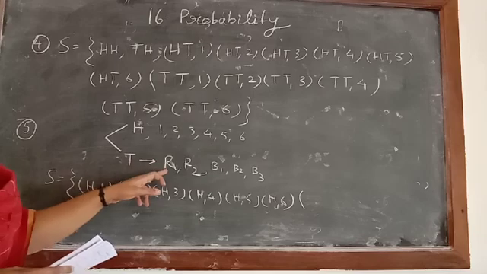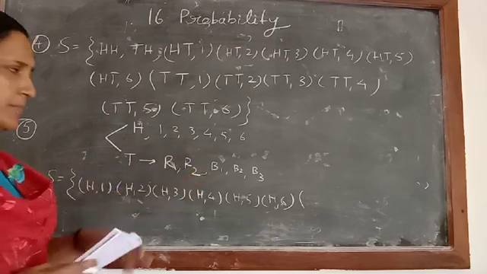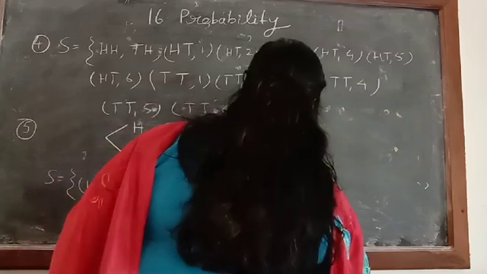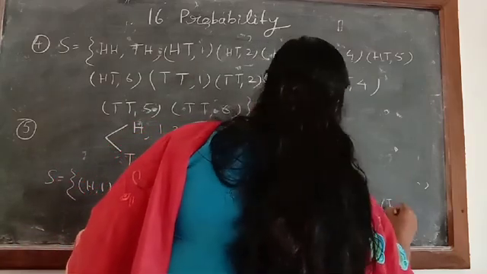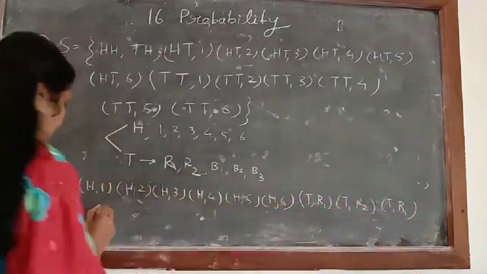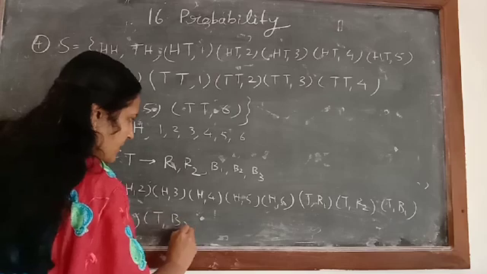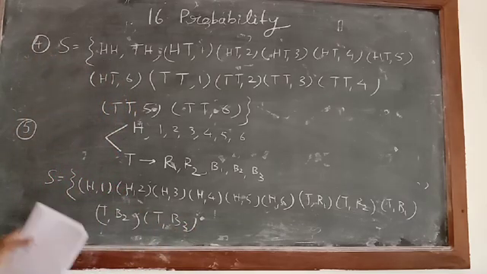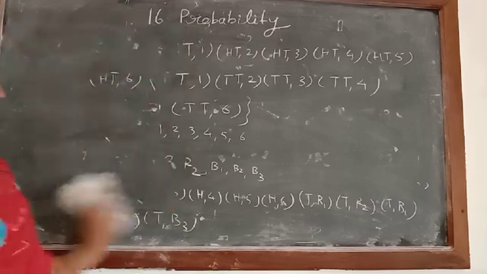That ball can be R1, can be R2. So we have to write down all the possibilities. So just write down TR1, TR2, TB1, TB2, TB3. So this will be the sample space for the given event. Clear? Okay. Now we can check the next question.